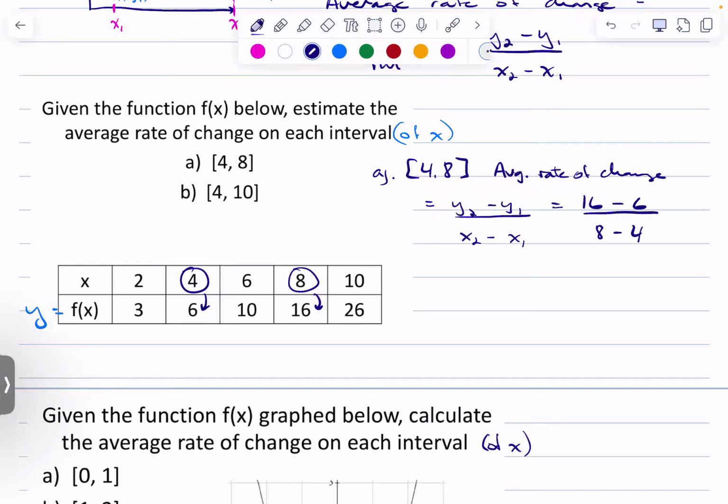Is 10 over 4 anything nice? Sort of. 2.5. So the average rate of change between 4 and 8 is 2.5. How about on 4 to 10? Whoops, need square brackets here.